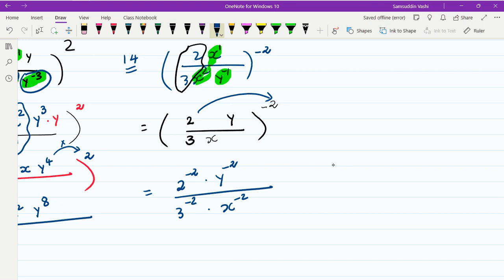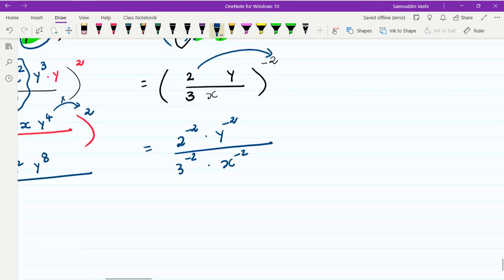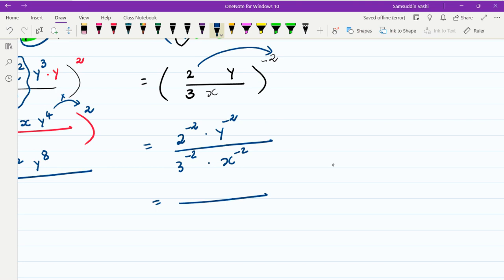Right. Now, how do we deal with those negative powers? Right. So, 2 to the power of negative 2 will go in the denominator. Y to the power of negative 2 will go in the denominator. 3 to the power of negative 2 will go in the numerator.